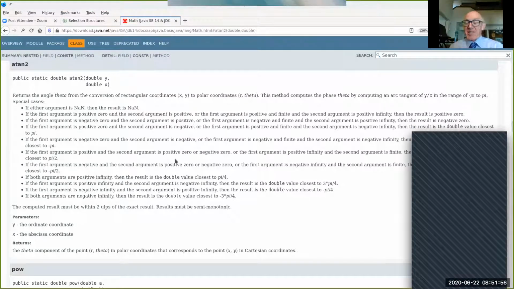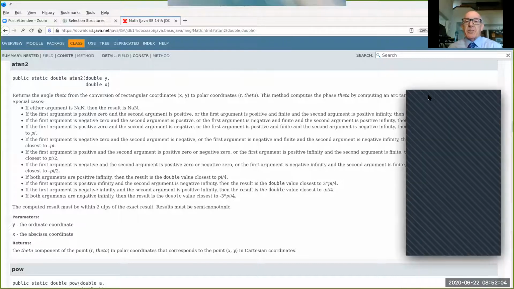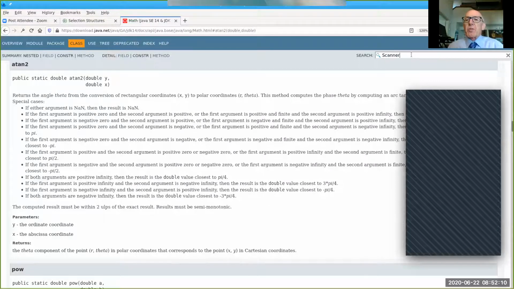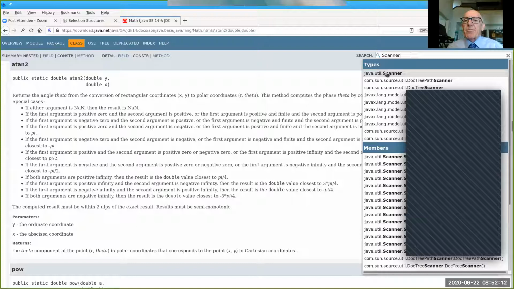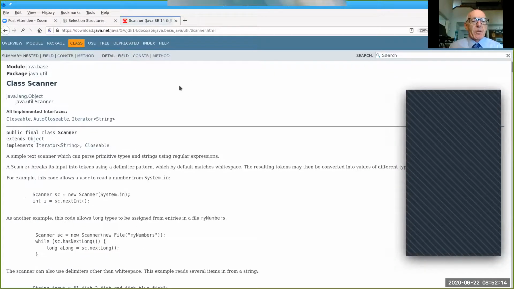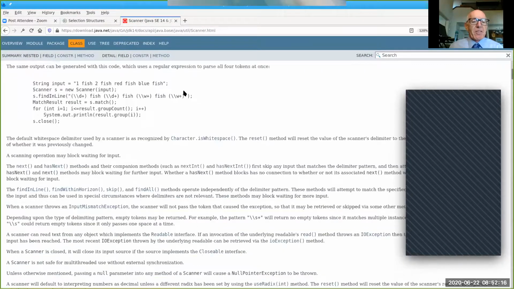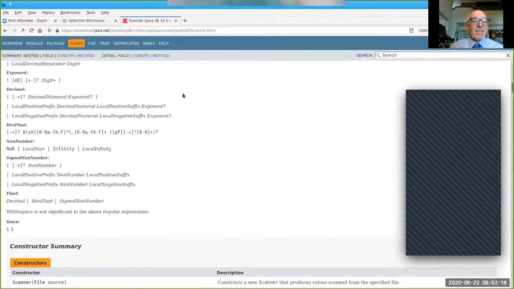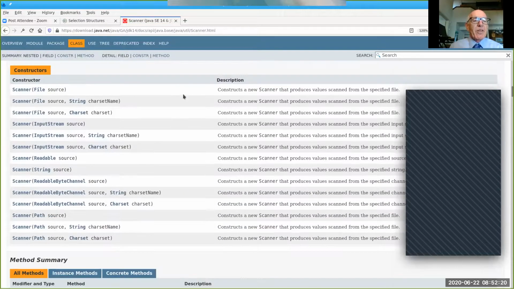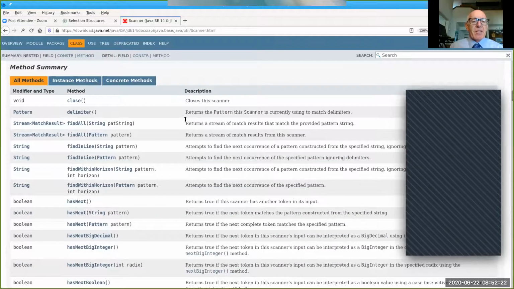So again, this is the word direct from the source. If you're ever wondering what's available in a certain class that's built into Java, this is how you find out. If I ever wanted to find out what's available from Scanner, I would go there and I would have a list of all the constructors and all the methods that I can have.